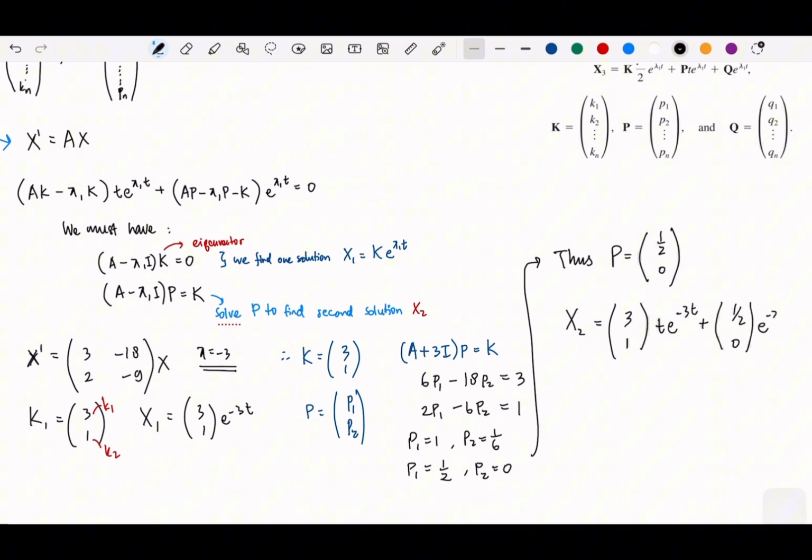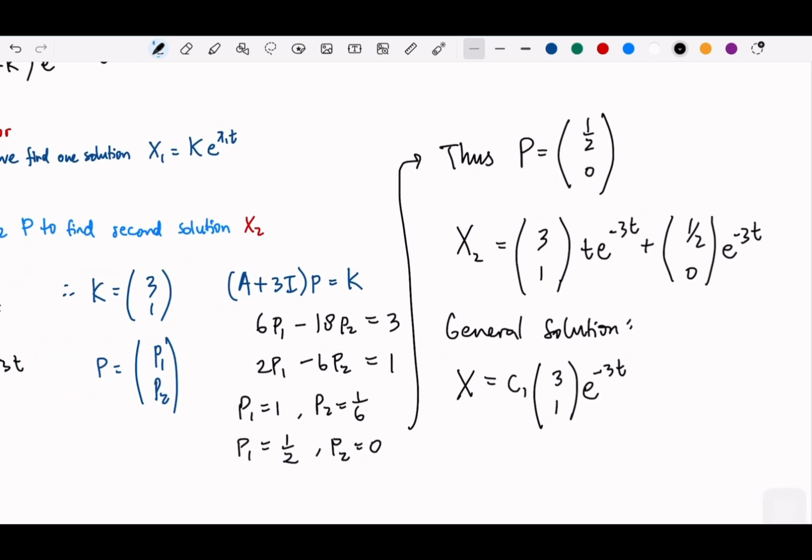But again, the vectors P could have many variations. So the general solution could be X. The X1 we can just write as it is, but for the next terms you need to be careful here.